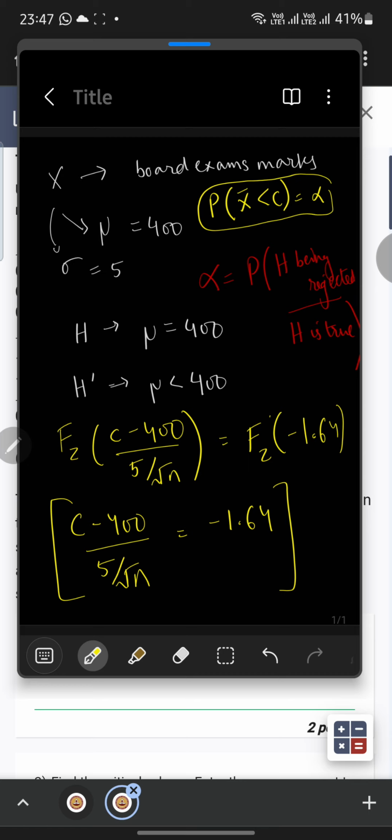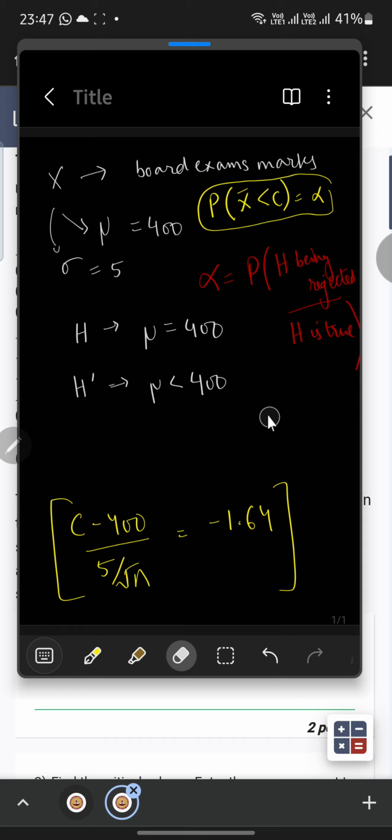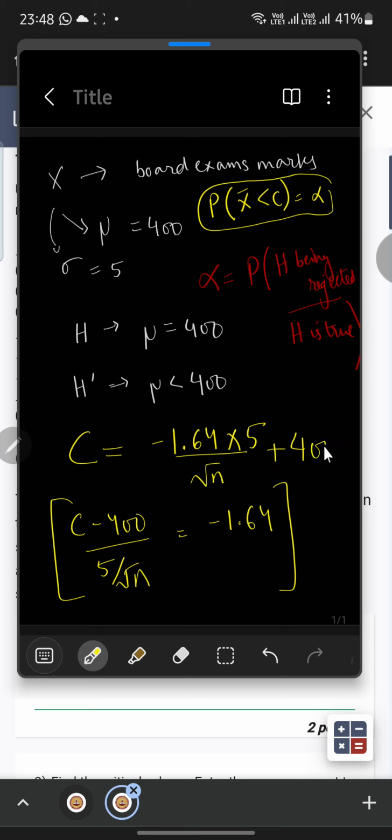It is basically the simple old syllabus topic and way to solve, right? So now all that is left is calculation to get the value of c. So from this we can say that c will be equal to minus 1.64 into 5 by root n plus 400.